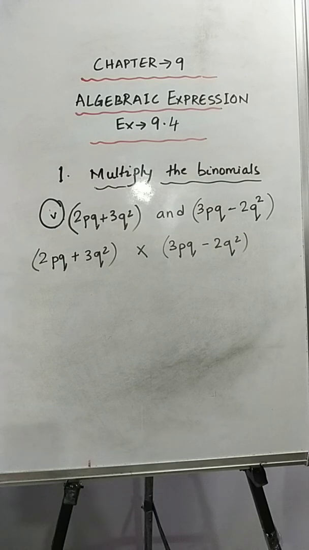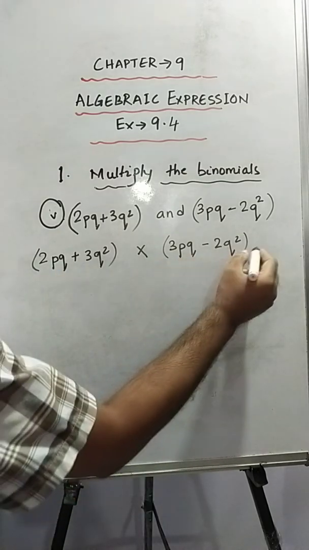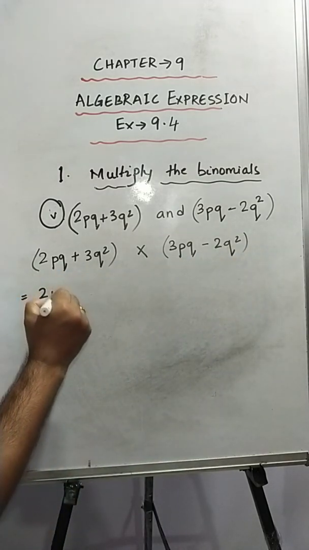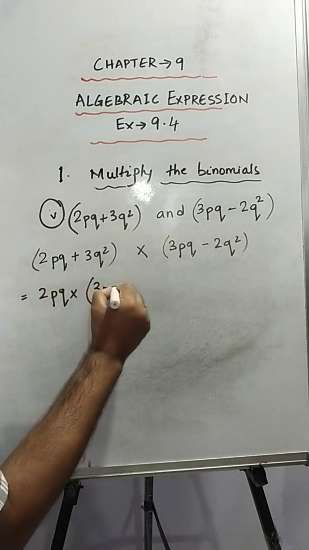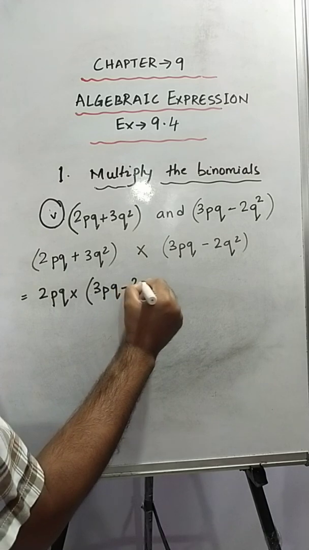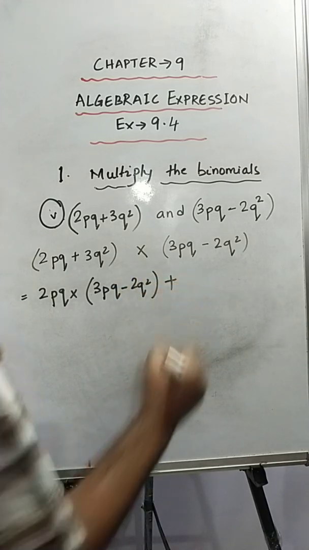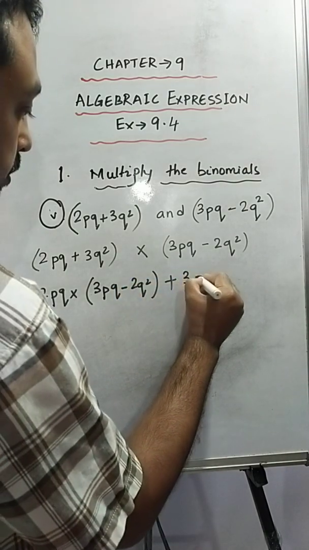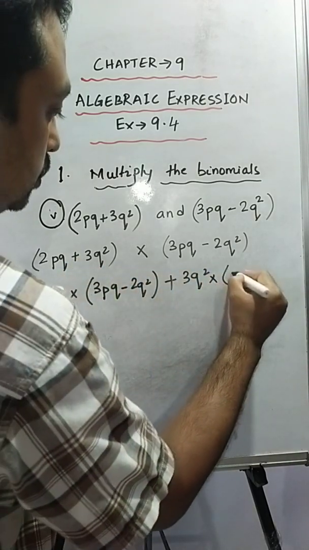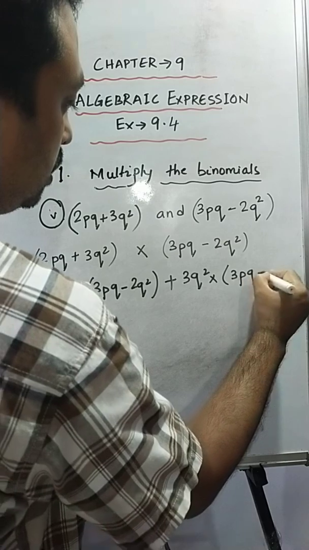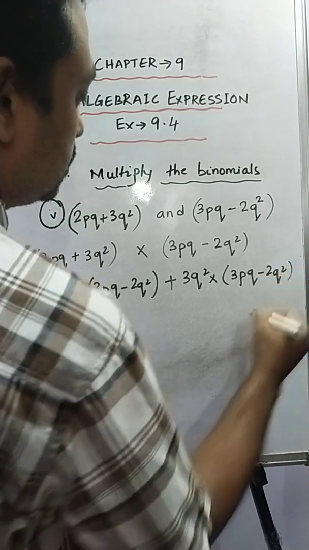Fine. So now we have to multiply the first term with this one. So 2pq into (3pq - 2q square), plus 3q square into (3pq - 2q square).